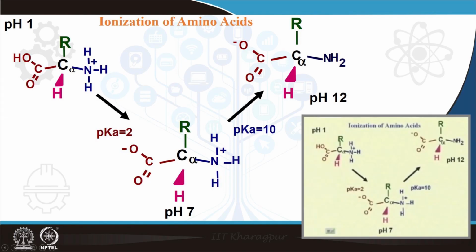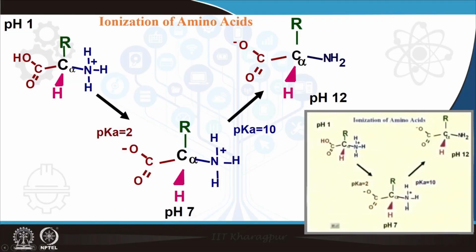Why? One corresponding to the loss of the carboxylic acid H, the other corresponding to the amine H+. So this is where I get one set. What is this pKa? This is pKa 2. What does that mean? It means that as I close on and reach the pH close to 2, I am going to lose this proton.